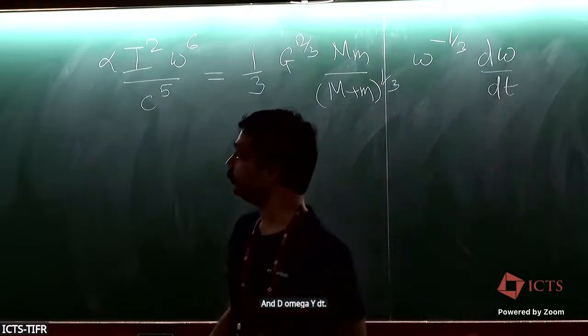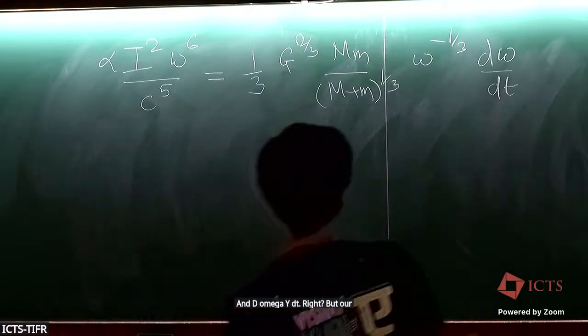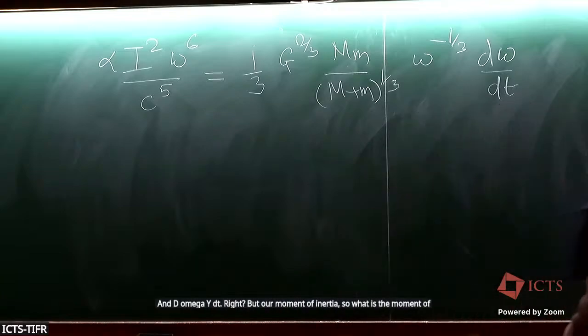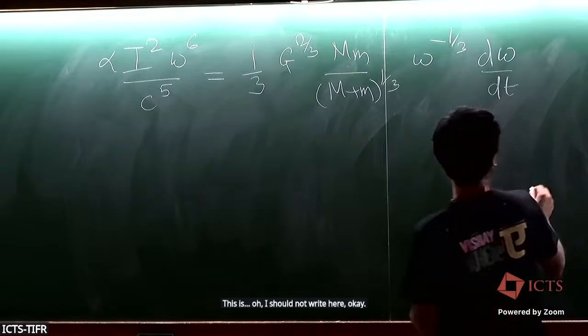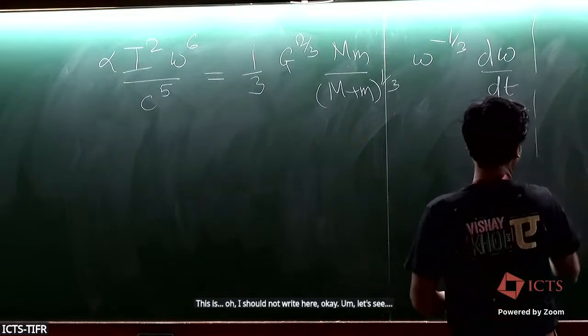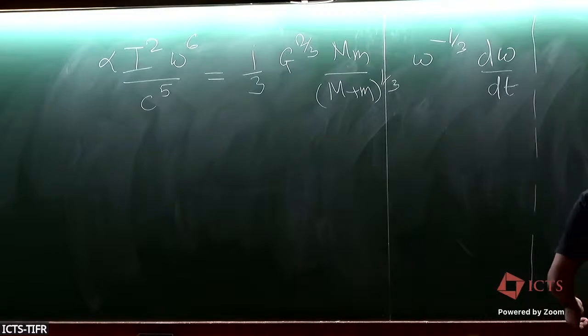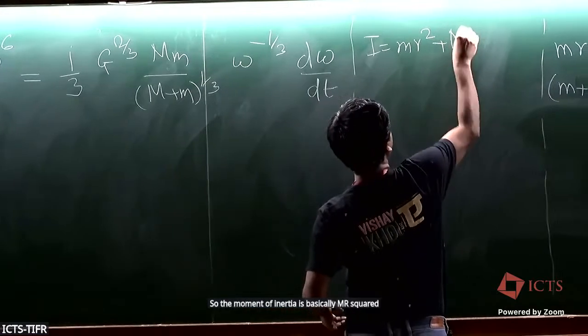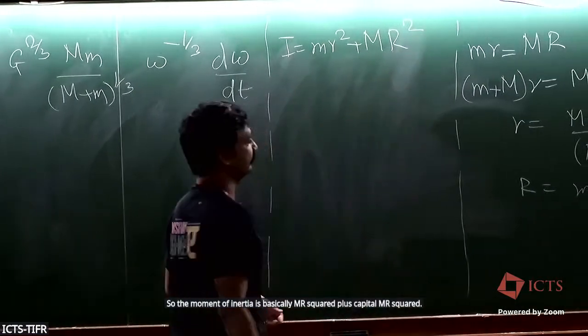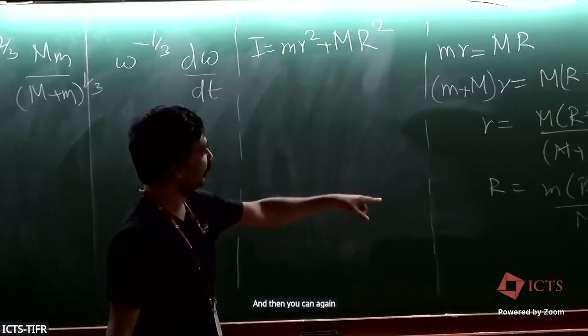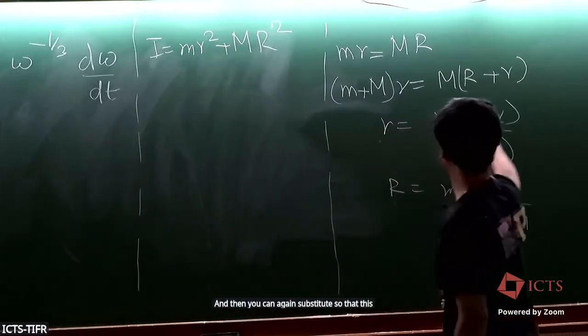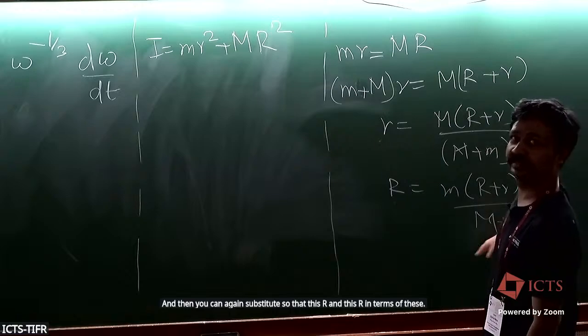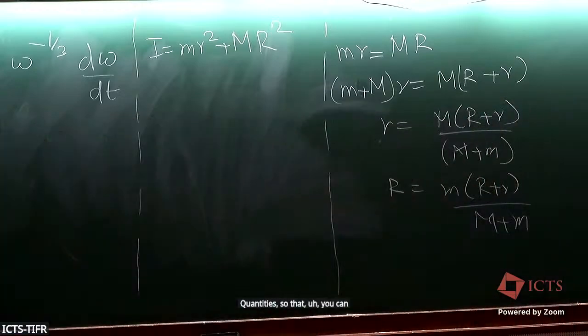Right? But our moment of inertia, so what is the moment of inertia? Okay. Let's see. Right. So the moment of inertia is basically m r square plus capital M R square. And then you can again substitute this r and this R in terms of these quantities, so that you can get that moment of inertia to be that quantity that you see there.